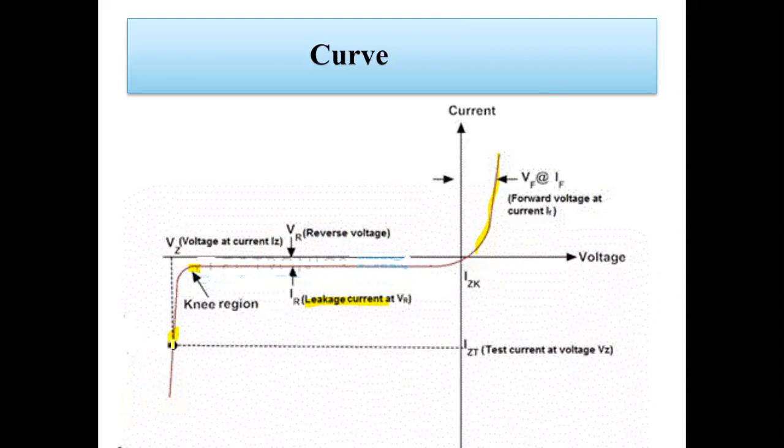This voltage is the breakdown voltage for any other diode, but a Zener can pass current in the reverse direction.